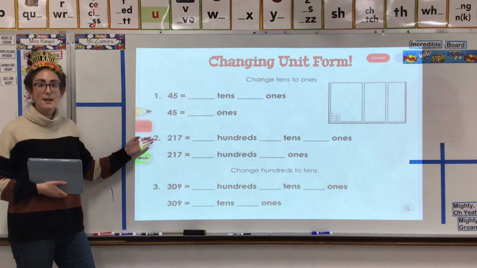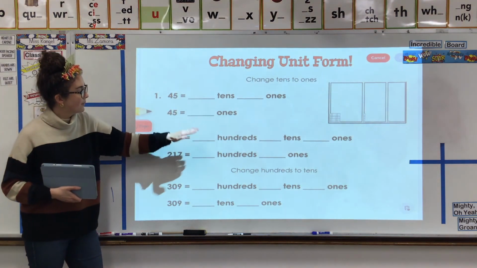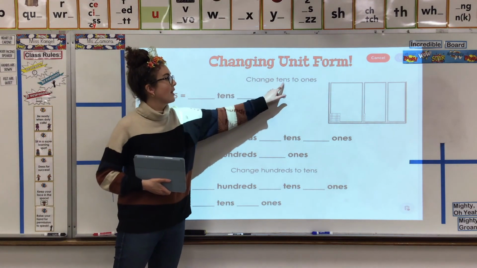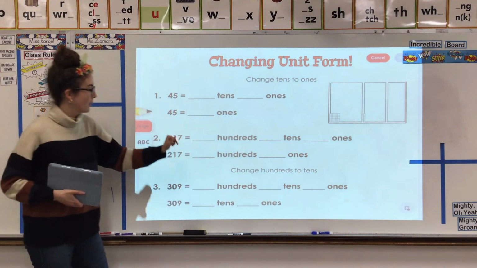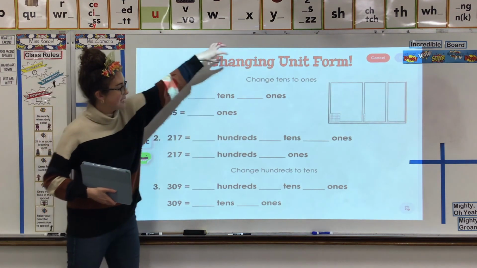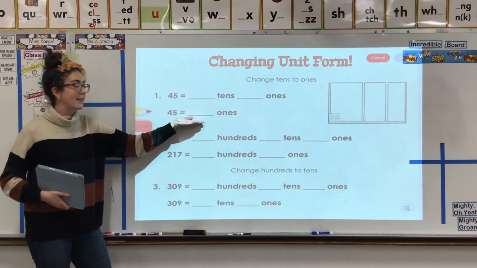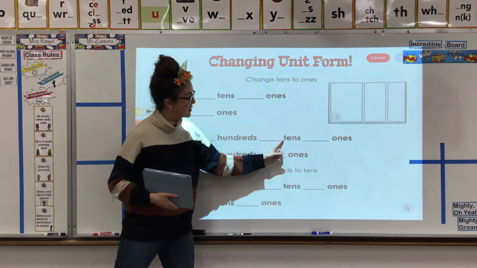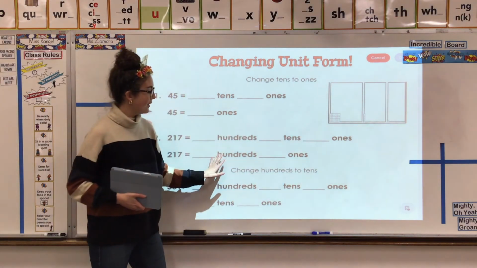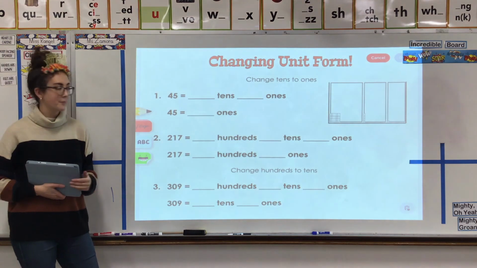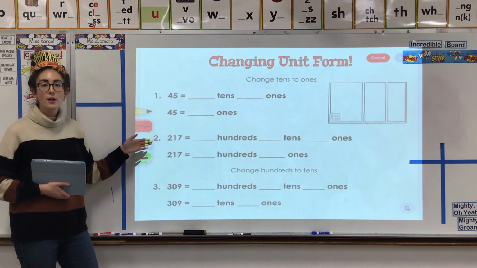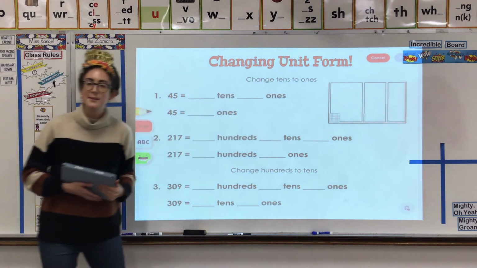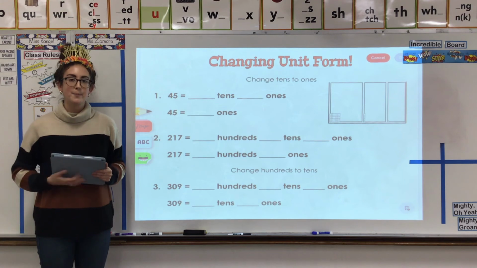In both of these numbers, you're going to show the number in nice, simple groups, but then you're going to change the tens to ones. So in 45, you're going to change the tens to ones and figure out what group you would have. In 217, you're going to change your tens for ones and figure out your new unit form. So for 1 and 2, your task is to take these numbers and change tens to ones, just like we've been practicing.